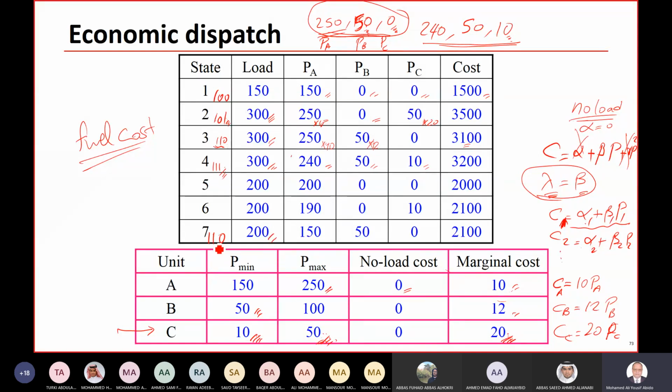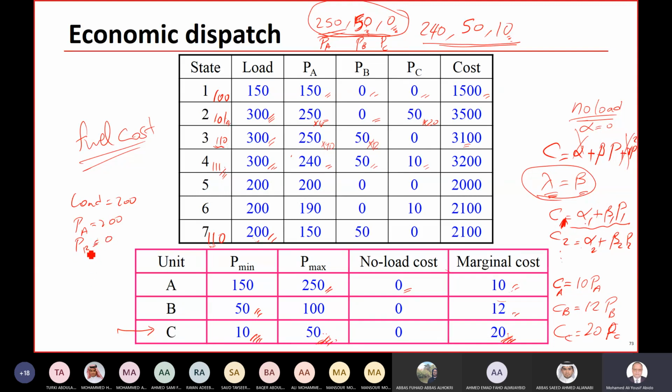Machine A and machine B are on, so you have to load them. We will go at the beginning to load this one with 200, and we will keep this at 0. So let us take PA equal to 200 and PB is 0.